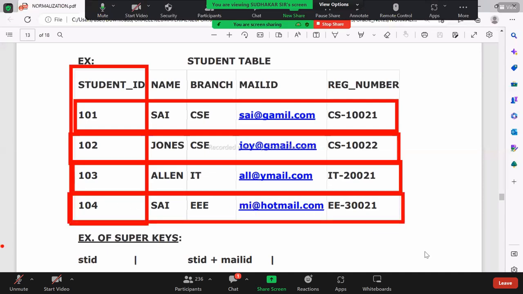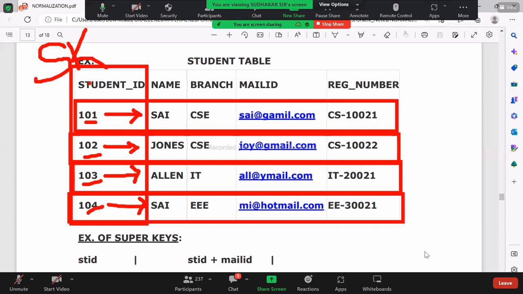This is my first row 101, second row 102, third row 103, fourth row 104. Every number is unique and there are no duplicate values. So when your column data is maintained like this, this column is called a super key.